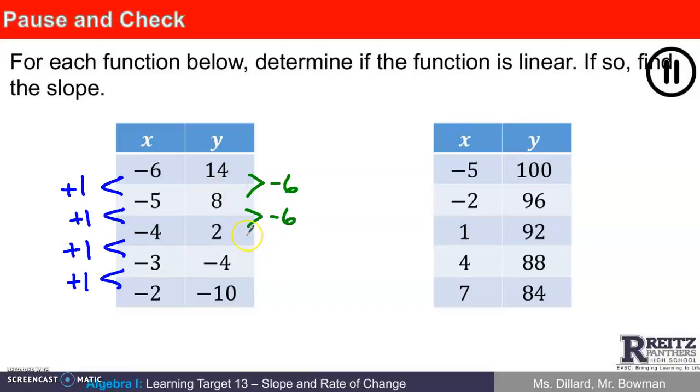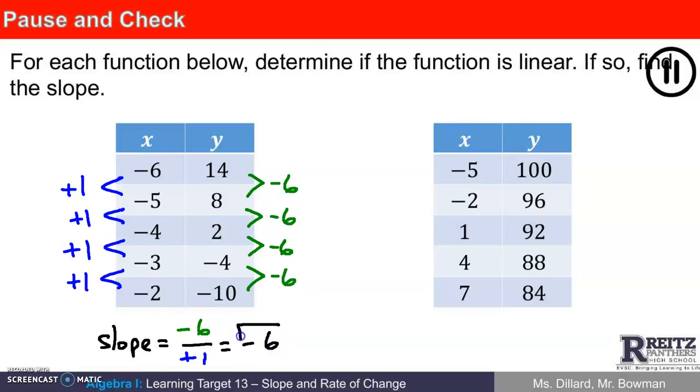Is it always negative 6? 2 minus 6 is negative 4. Negative 4 minus 6 is negative 10. Yes, it is. So my slope is simply negative 6 divided by positive 1. And what's a better way to write negative 6 divided by 1? Just negative 6.